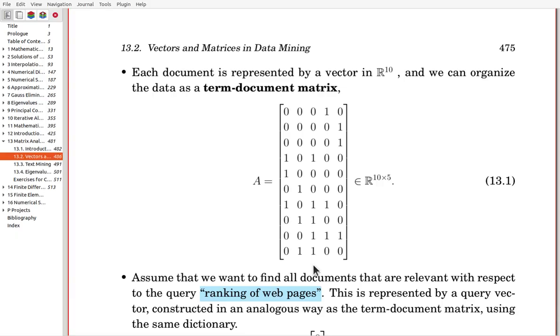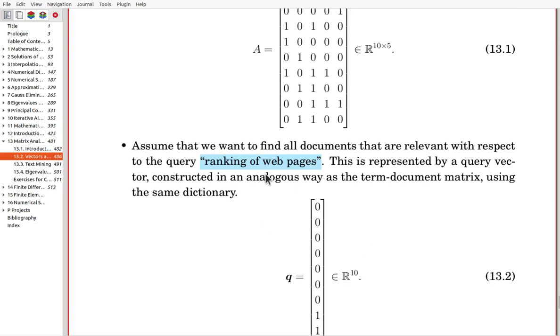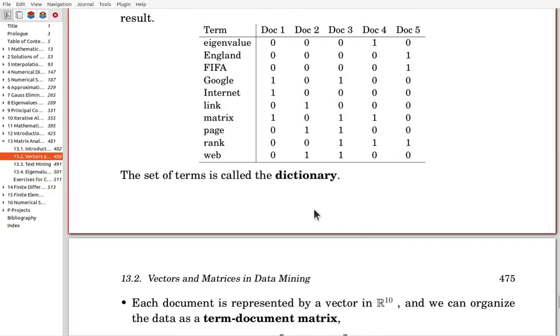Now we consider a query, ranking of web pages. This query can also be represented by a vector. Now, rank, web, page are in the dictionary, so that for the query, the last 3 entries will be 1.